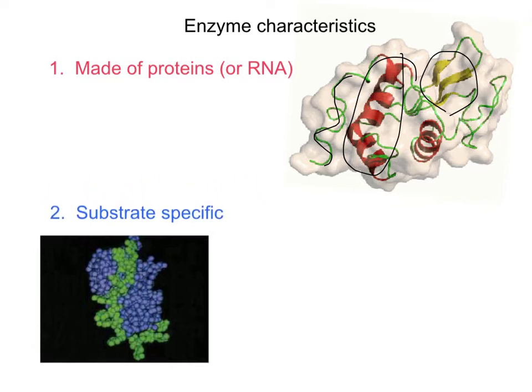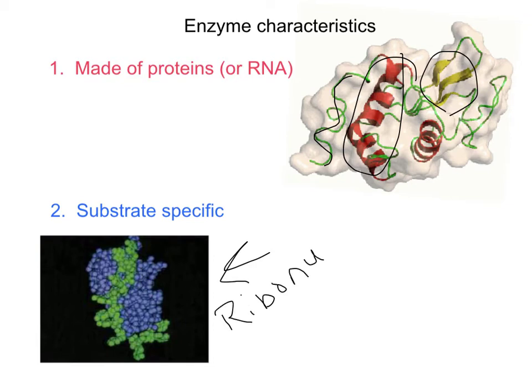So if I look down here at this one, what I have down here is what's called ribonuclease. Okay, and if you remember, enzymes end in ASE. So I have ribonuclease. There's my ASE for my enzyme. Okay, so my enzyme is the purple part here. That's my enzyme.